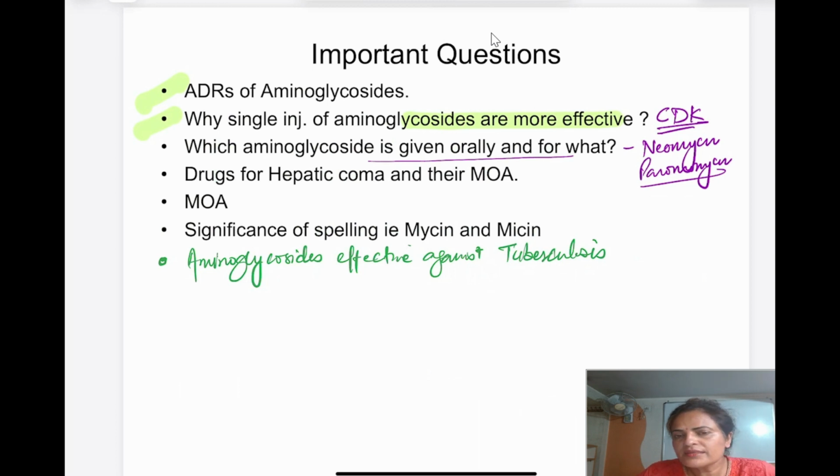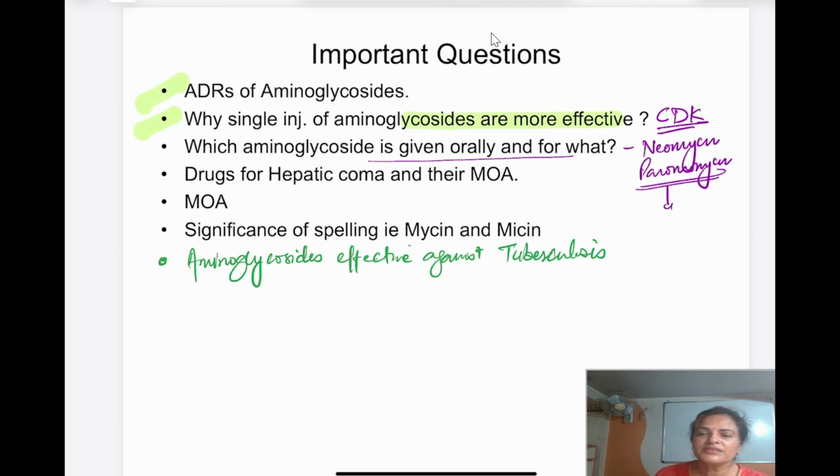Where there are burns, ulcers or any local infection, there we use it. Whereas paromomycin is effective even orally. I have told you about the use of paromomycin along with neomycin for hepatic encephalopathy. We can use neomycin, paromomycin, and the third one is lactulose.